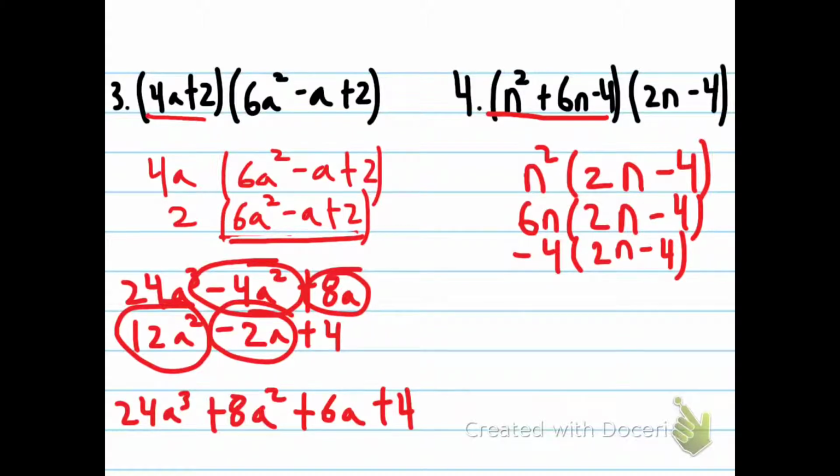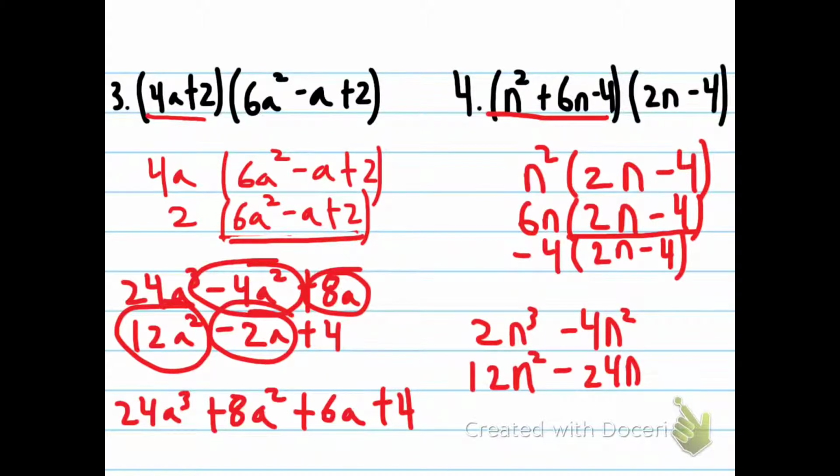So for this one, you get 2n to the third minus 4n squared. And then for this one, so now we're going to combine all the like terms.